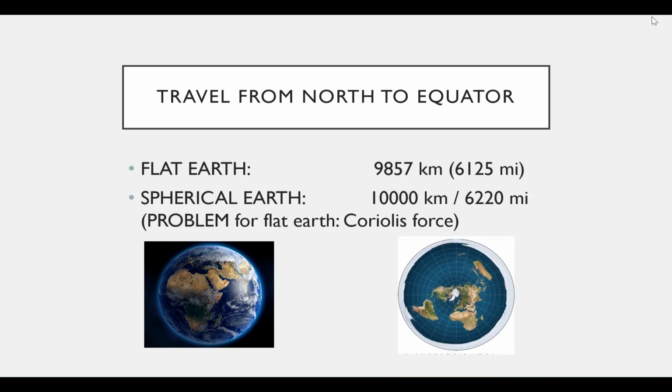Travel from the North Pole to the equator, flat Earth, 9,857 kilometers, 6,125 miles. Spherical Earth, 10,000 kilometers roughly, 6,220 miles. Now I have a problem here for the flat Earth, and that is Coriolis force. Let's go back.